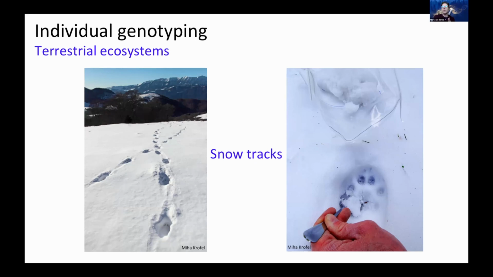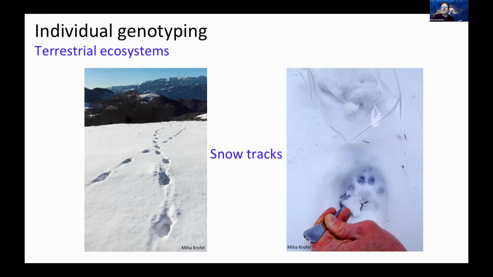And it's now been possible in snow, using snow tracks, because snow acts as a natural freezer, therefore helping the preservation of eDNA. Researchers have been trying to achieve individual genotyping for a long time, but we were able already more than 10 years ago to do species ID from snow, but probably the methodology was not there yet to allow us to get to individual ID.